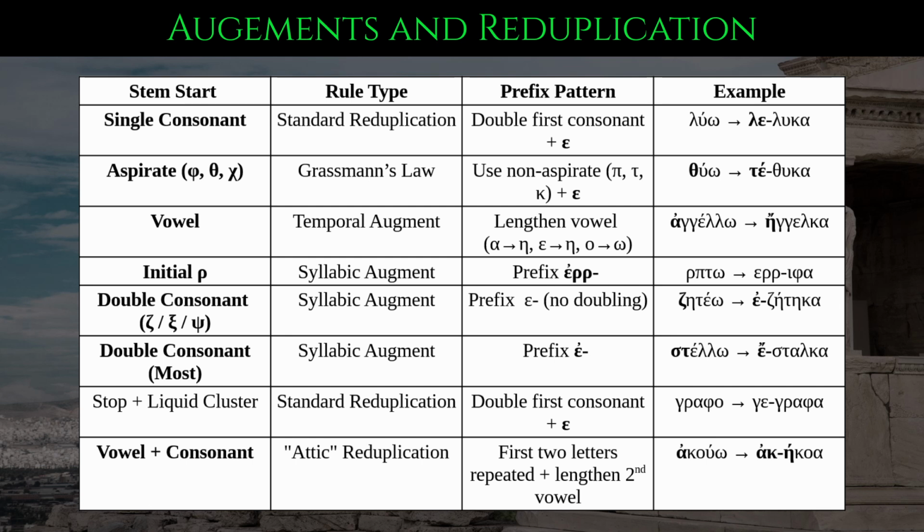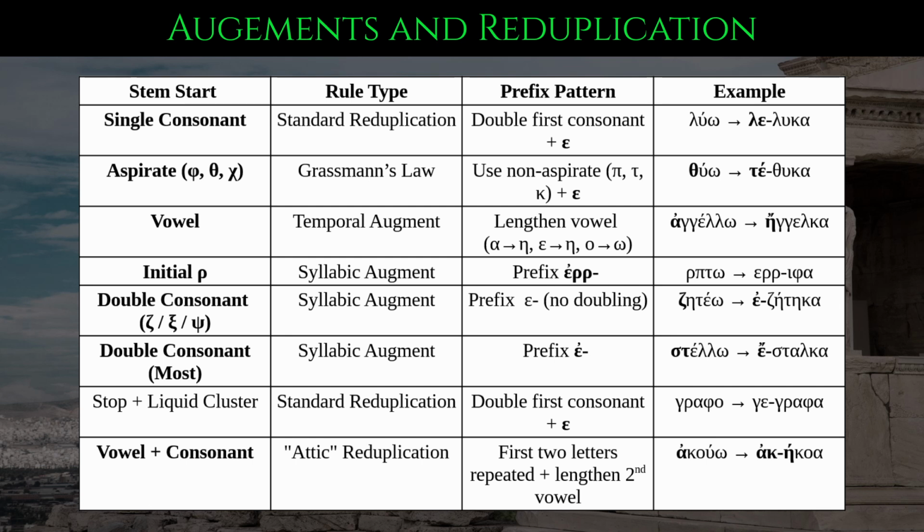Thus, the first of those 2 syllables loses its aspiration, which means P becomes P, T becomes T, and K becomes K. And then we are adding epsilon. For example, Theo becomes Te Thuka. And this is not irregular. It follows a phonotactical rule.